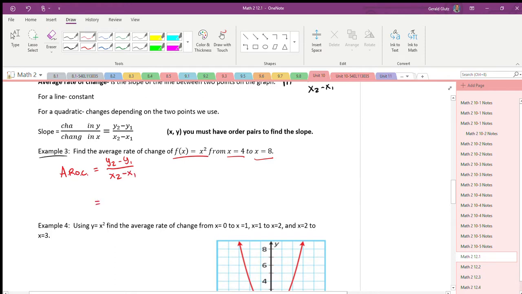Whenever we're finding the average rate of change, they always give us the two x values. The x values go on the bottom, so I like to put the highest one first. So 8 minus 4 will be on the bottom.